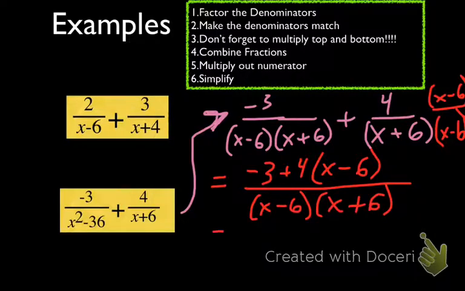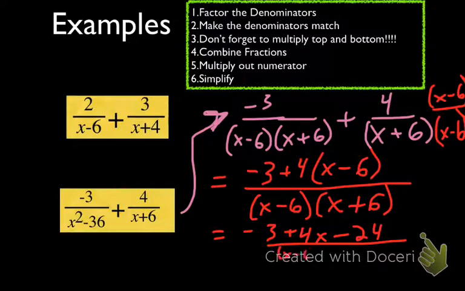When I simplify this, negative 3 plus 4x minus 24 divided by, oh, here I go again, x minus 6, x plus 6.